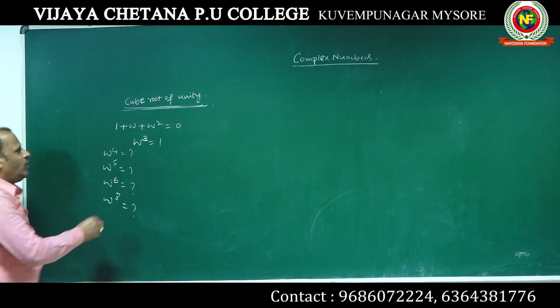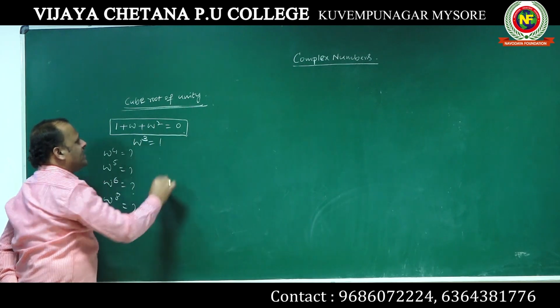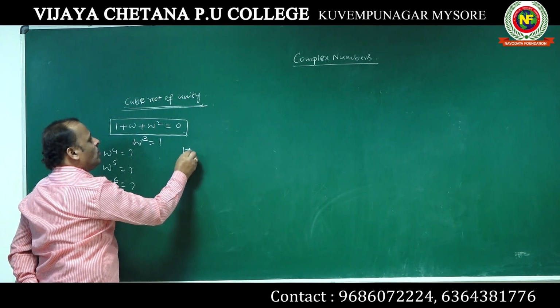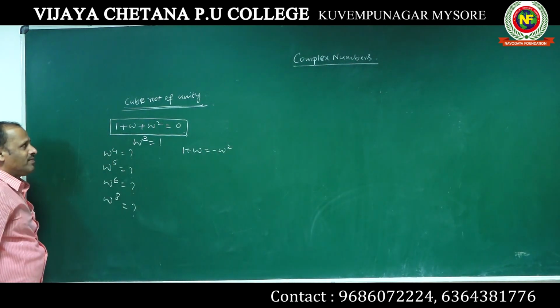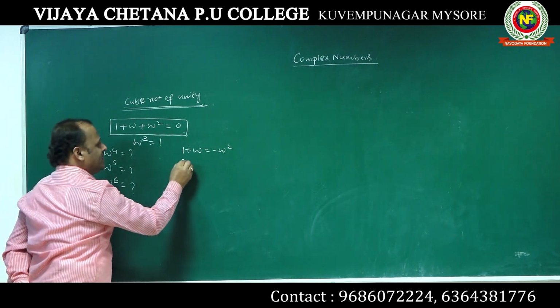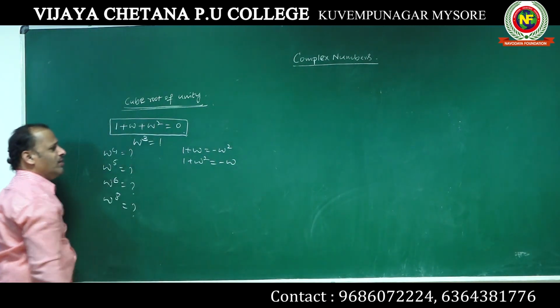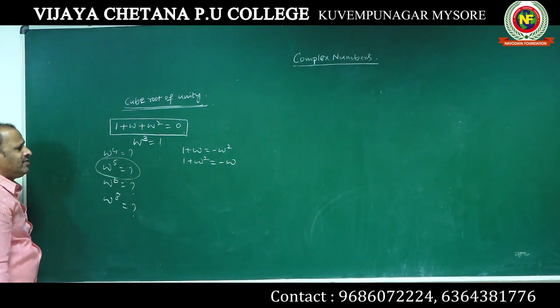So here we know that 1 plus w plus w square is equal to 0. Then 1 plus w is equal to minus w square, and 1 plus w square is equal to minus w. Then how do we take w to the power 5?